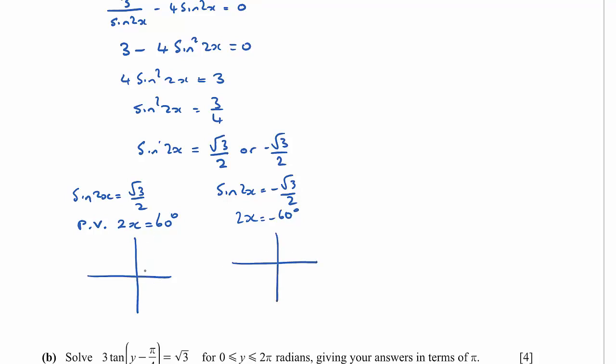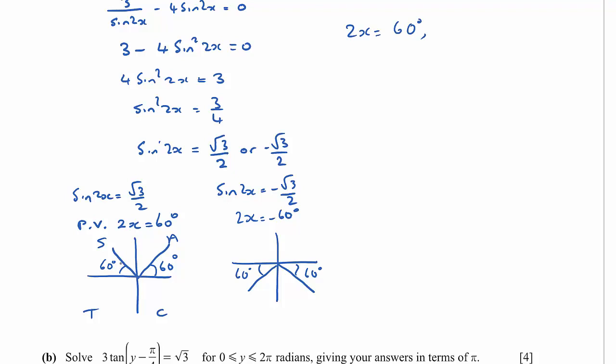So for this one, it's a sine, remember. And if that's positive, then we're going to get one there and one there. So that's going to be 60 and 60. And here it's going to be 60 down that way for negative 60, and the other one must be here in the fourth quadrant. So going around from 0 to 360, the first angle that we would get is the 60 degrees.